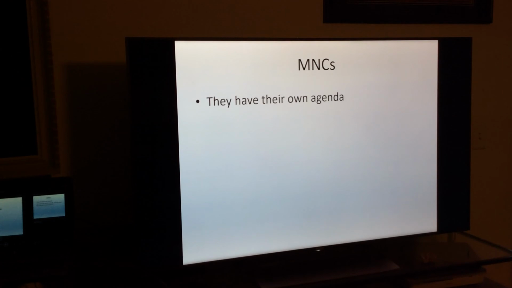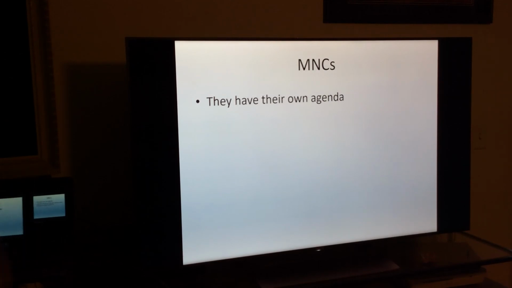Multinational corporations have their own agendas. If you look at companies like Google, Twitter, they push agendas. Heck, all companies push agendas. McDonald's wants to allow pink slime in their hamburgers, so they'll lobby for that. Walmart wants more free trade with China, so they'll lobby for that.